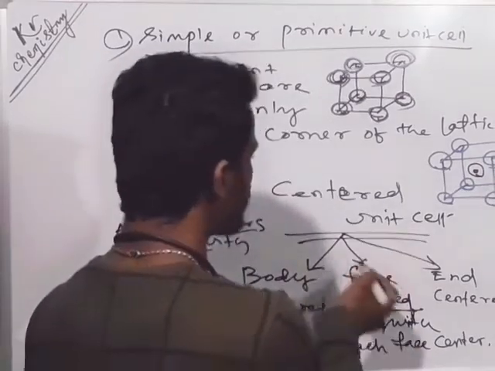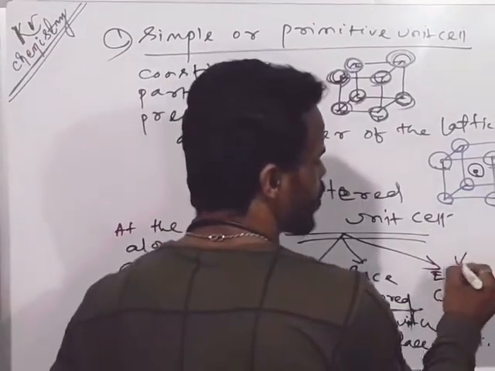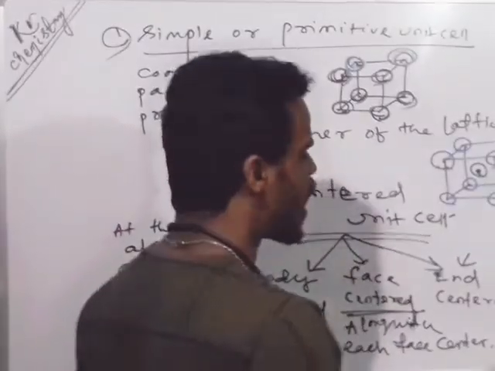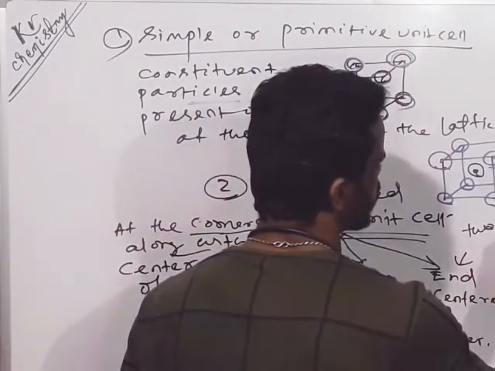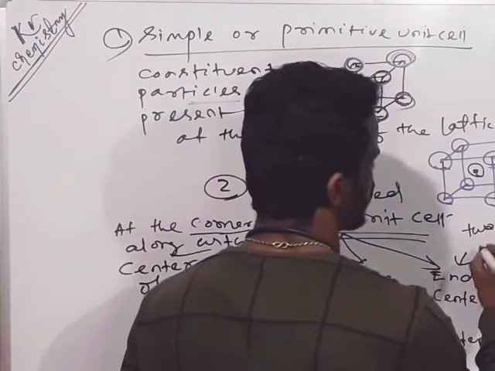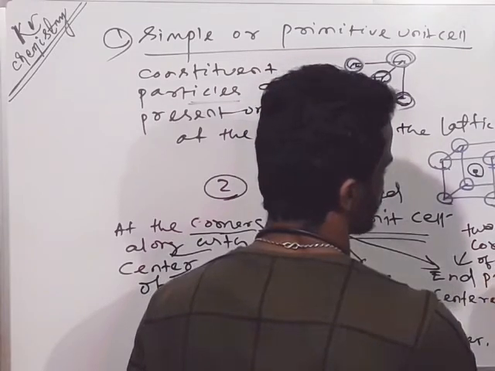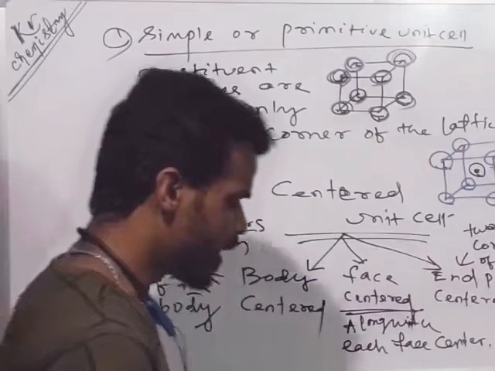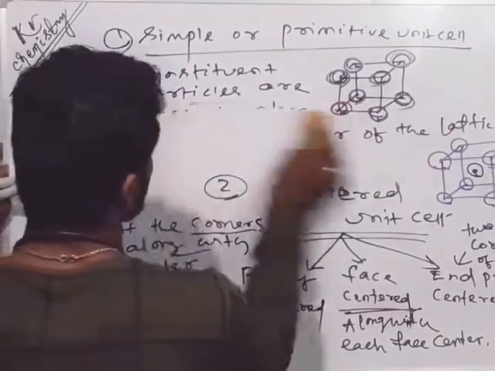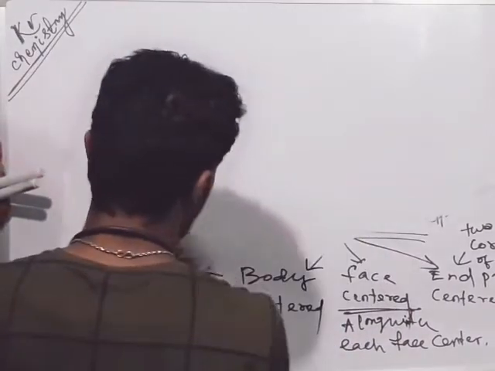Or if the constituent particles are present at the corners as well as along with two opposite corners of the particle, then this is called end centered. I am giving you a short technique to know what is simple, body centered and face centered.